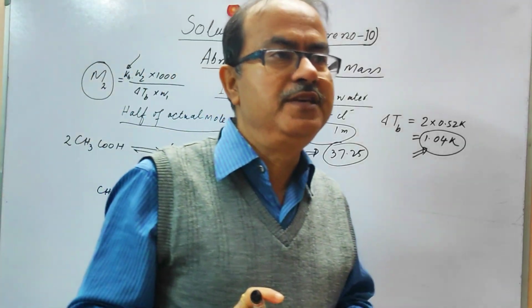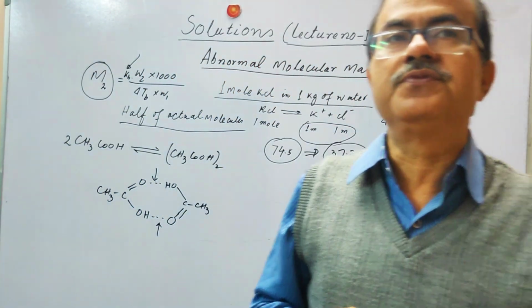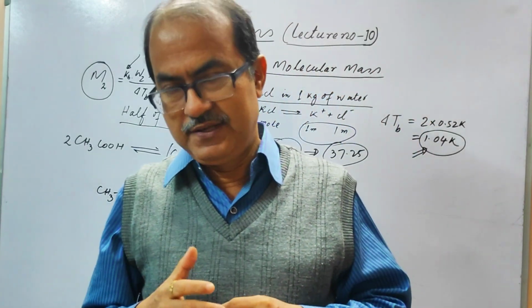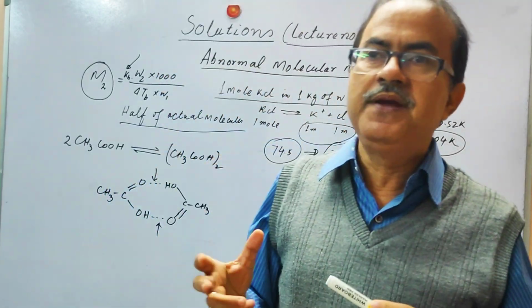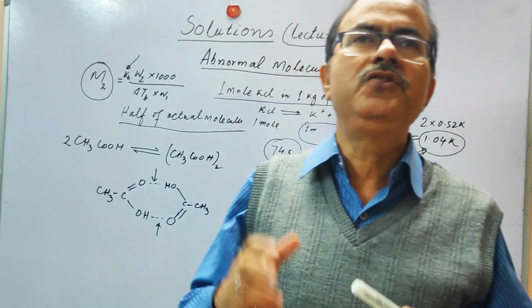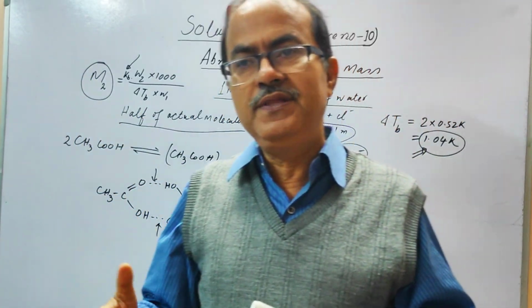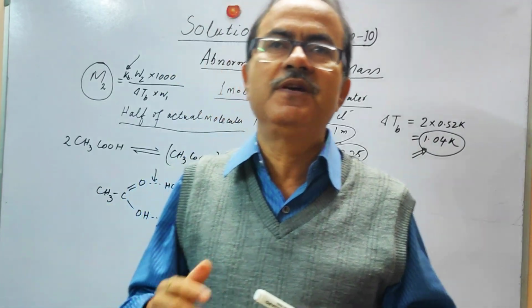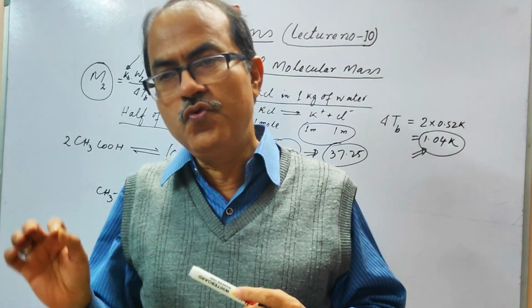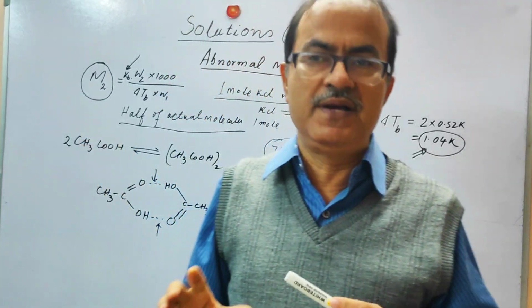So this type of thing, when we calculate the molar mass experimentally from the colligative property, it does not come out the same as expected theoretically, and it is said to show an abnormal molar mass.